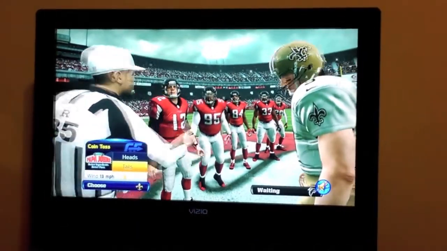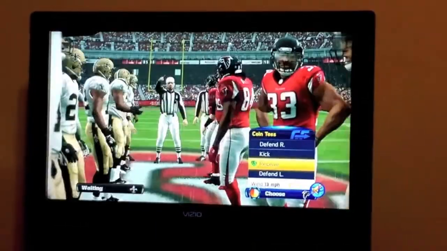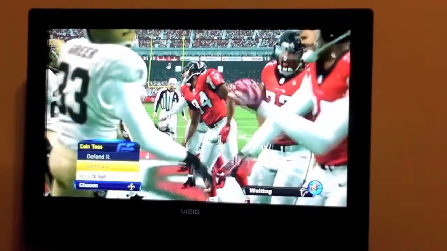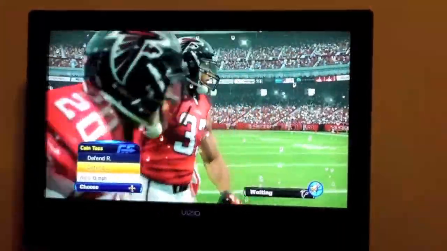At this point, we let the computer decide the coin toss and the kicking and receiving side.